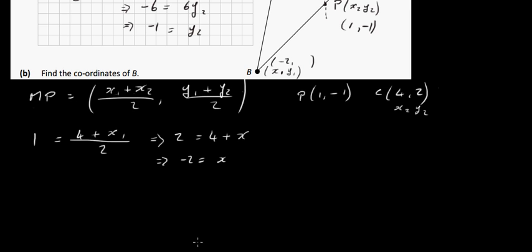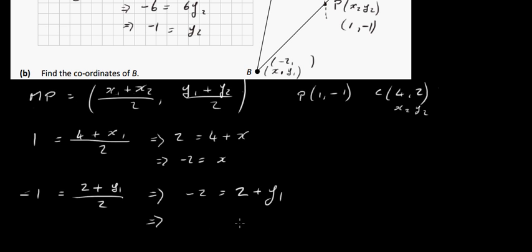Just got to work out the y1 now. So what do we know? Well, my y coordinate here for the midpoint is minus 1. So that's just going to be equal to y2, which is 2, plus my y1 divided by 2. So that's just going to give me minus 2 is equal to 2 plus y1.